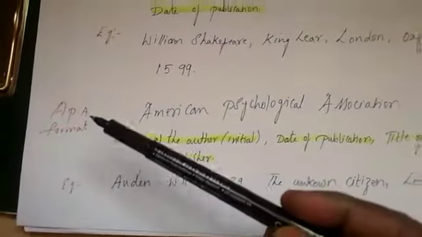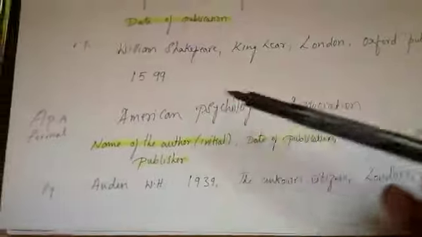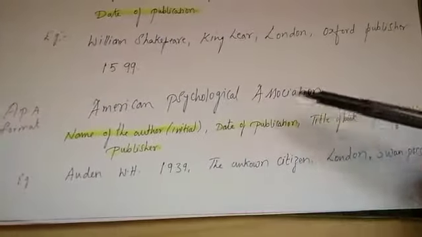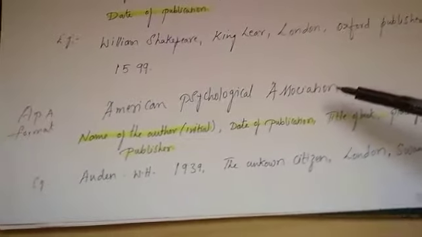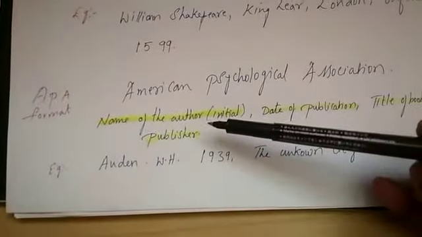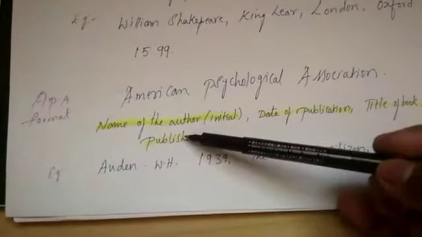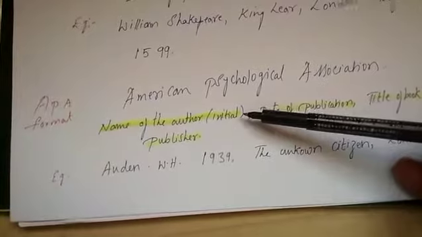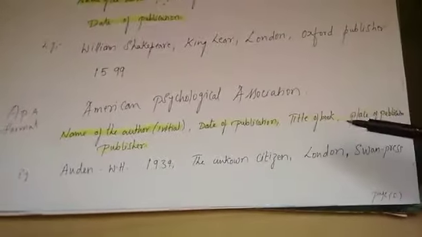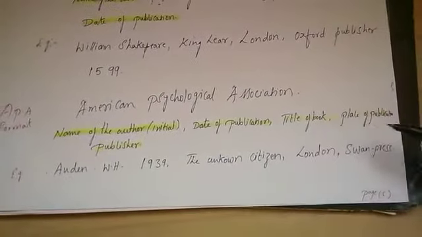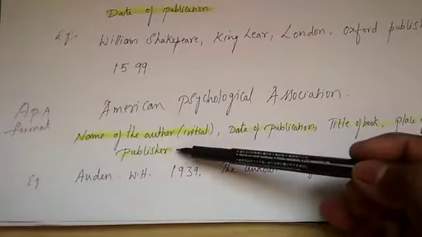Next, come to the APA format. APA abbreviation, American Psychological Association. The format is in this way: name of the author, next is initials, date of publication, title of book, place of publication, and in the last, publisher.